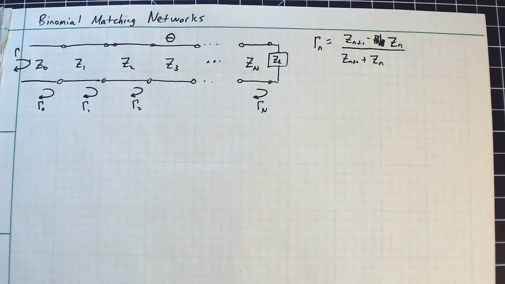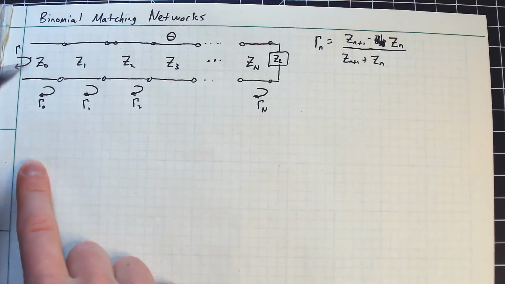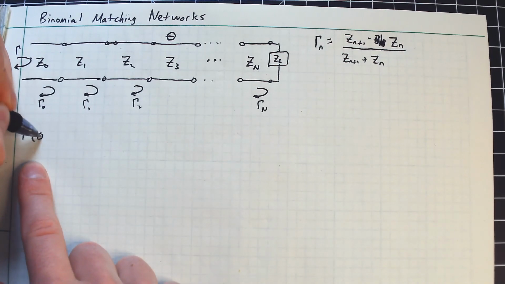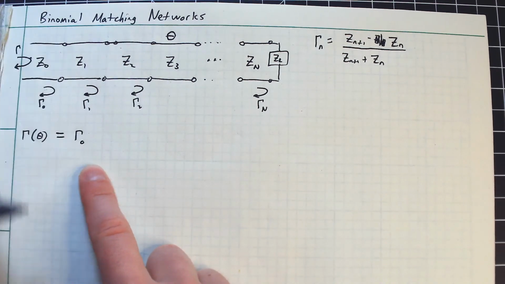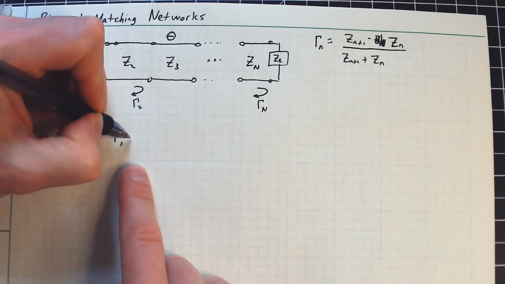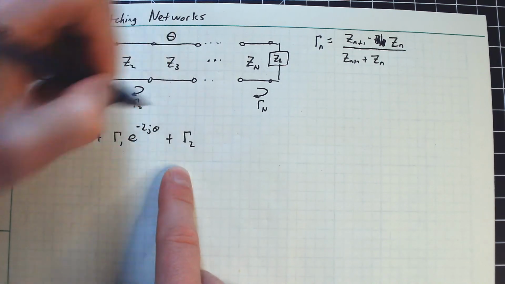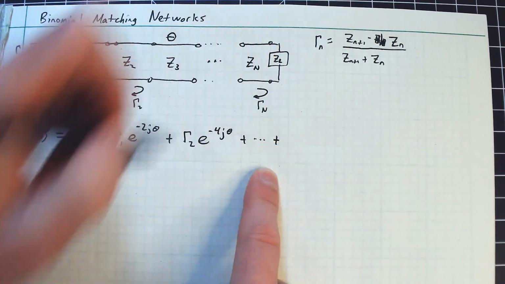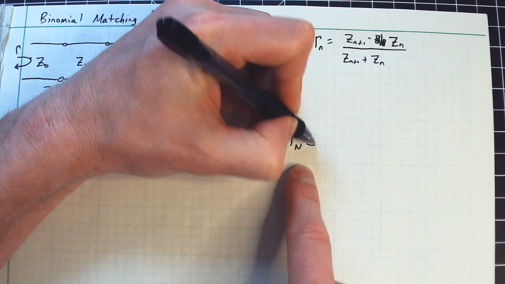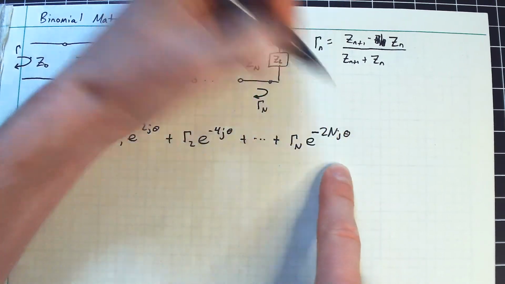Now, what we also found, by the theory of small reflections, was that we could write this net input reflection coefficient, as a function of theta, as gamma sub 0 plus gamma sub 1 e to the minus 2j theta plus gamma 2 e to the minus 4j theta plus, eventually, gamma sub n e to the minus 2nj theta.